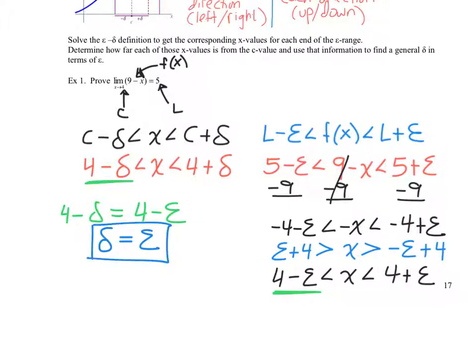So we have a relationship. I'll also test the upper bounds. These two, 4 plus delta equal to 4 plus epsilon, in which case you get delta equals epsilon again.